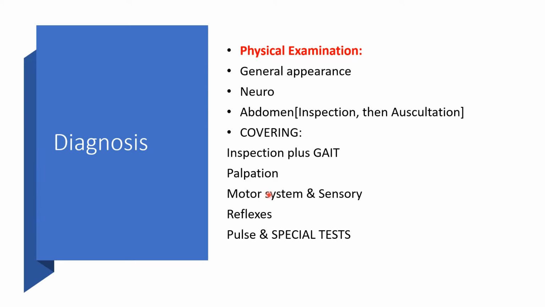It depends on exactly what we want, but in this case, we go from hip down to the feet. And a sensory test will also be done. Also, we have reflexes, deep tendon reflexes. Don't worry, I'll go into that. Then we will have pulse taking, then we have special tests. Don't worry, I'll go into all special tests that'll be done.